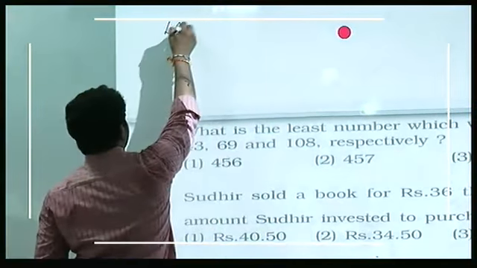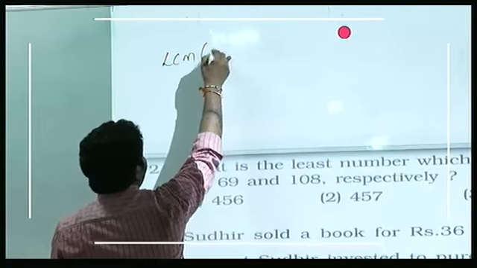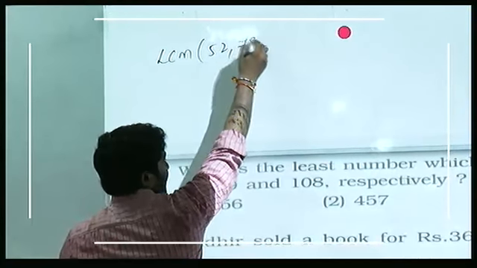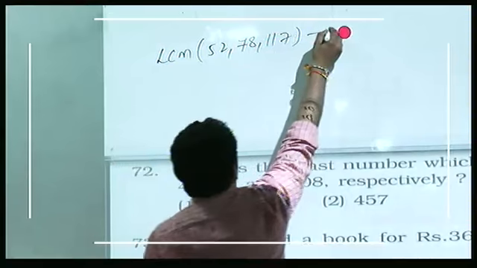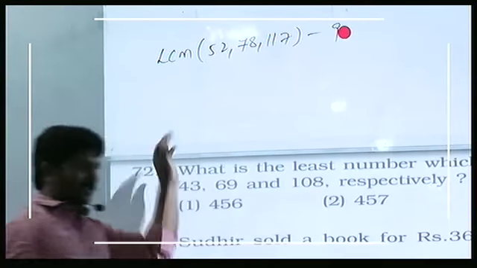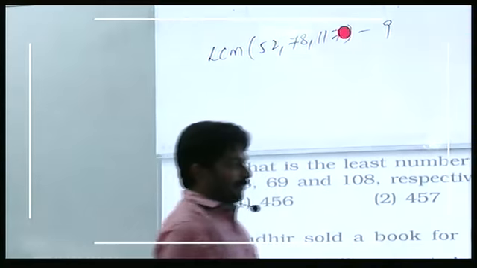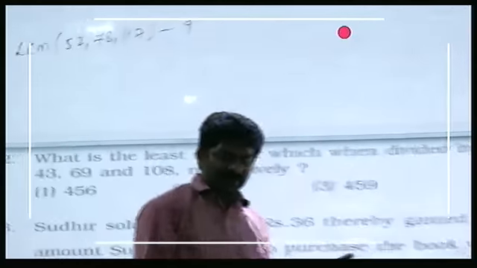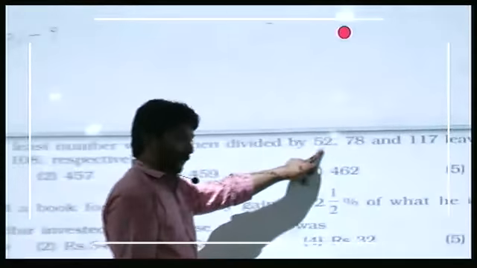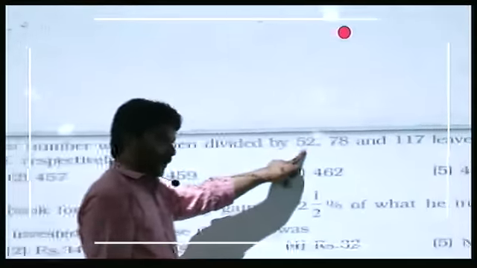In this case the answer is the LCM of 52, 78, 117 minus the common difference 9. This is what you need to calculate, but it is not required here. If you divide your number by 52, it should leave a remainder of 43.